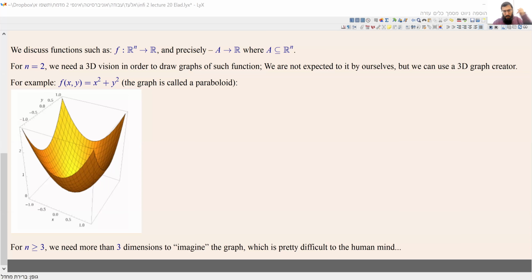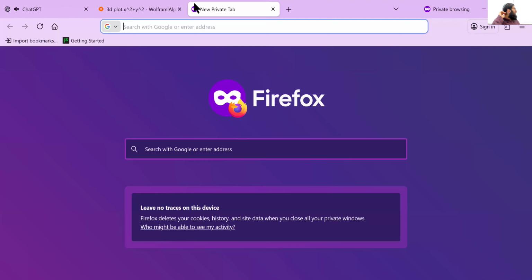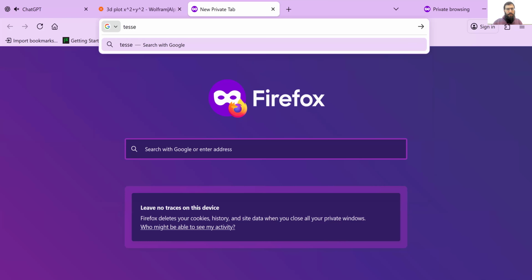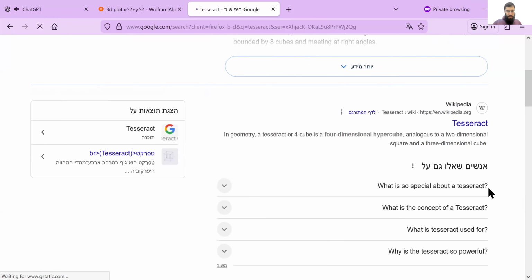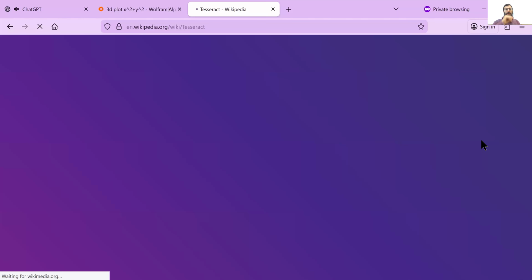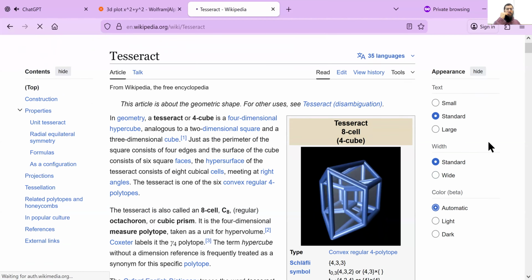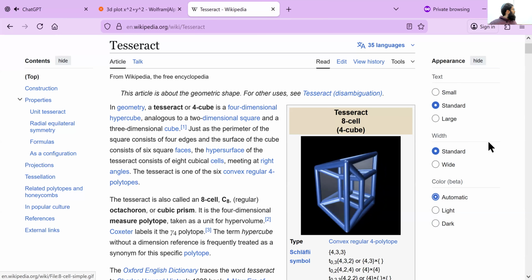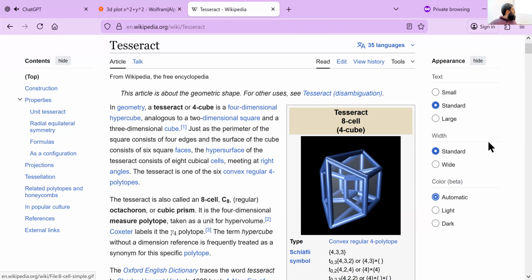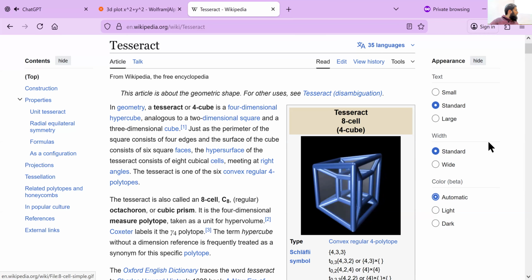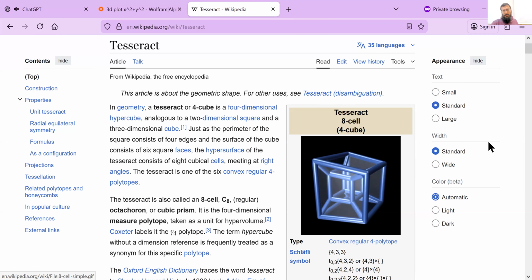I'll show you. Let's get back to the browser. If I look at the tesseract, it's a simple one. It's like a 4-dimensional cube. And as far as I remember, in the Wikipedia page, there is some kind of animation trying to grasp the concept of the fourth dimension, which I don't know if it's easy to tell.